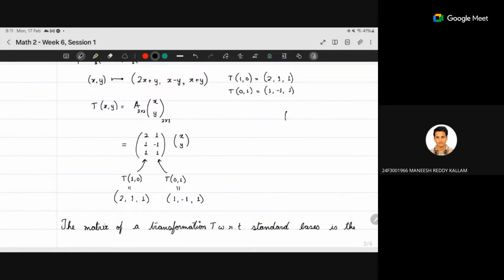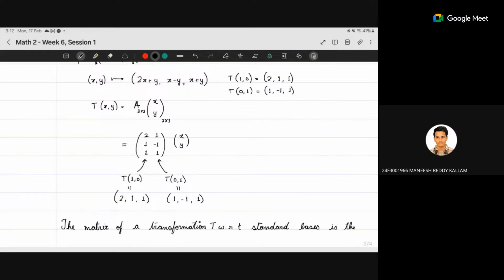If you take (1, 1) and (1, -1) as the basis that you start out with, T of (1, 1) will be different. It will be something like (3, 0, 2). Got it, sir. Only the standard basis we have to input to get the matrix. Is it some sort of trick? No, no, no.